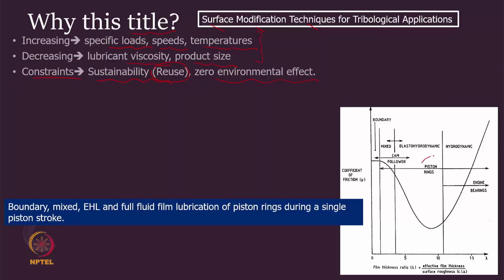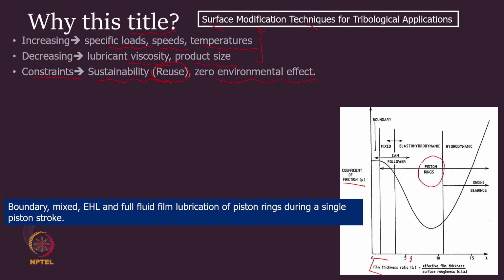Now a little more difficulty comes, particularly with piston ring lubrication. We have learned that the coefficient of friction varies with the Sommerfeld number. Here a different kind of figure has been shown, where the x-axis is the specific film thickness, the lambda ratio.